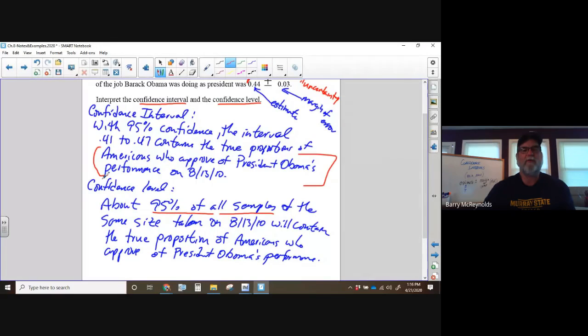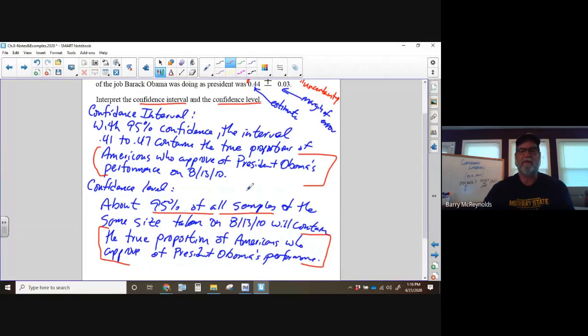And then for confidence level, the boilerplate is, again, pretty much the same. You begin that interpretation about whatever percent, 95%, 99%, 90, 80, whatever the percentage is. About 95% of the samples of the same size taken on that date will contain, again, and then you just add the context of the case that you're talking about.